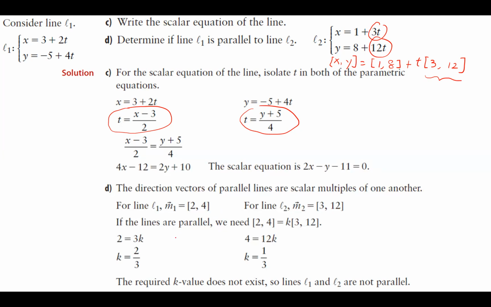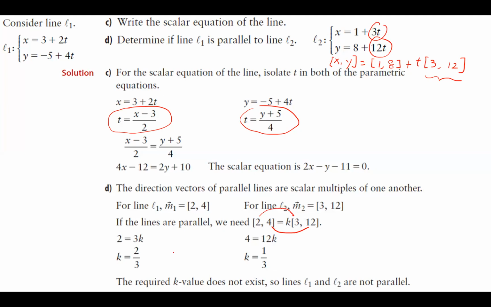If these lines are parallel, we need to have 2, 4 equals k times 3, 12. Well, we can try to solve this system to see if there is any solution. So first of all, 2 equals 3k, right? That gives us k equals 2/3. Next, we must have 4 equals 12k, which gives us k equals 1/3.